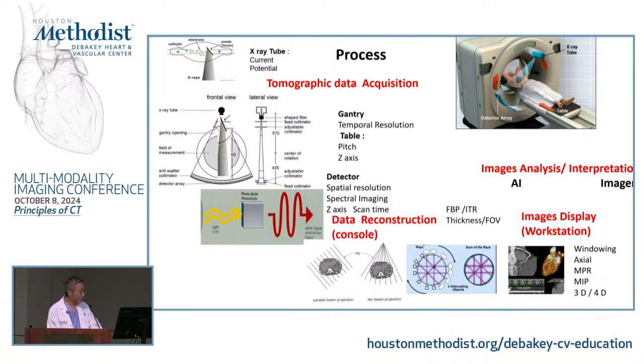And then in the computer, that's why it's called computed tomography, because you rely on a computer to do a lot of calculation. That's the origin of the name computed tomography. So you have a lot of mathematical processes, essentially converting the attenuation numbers into images.